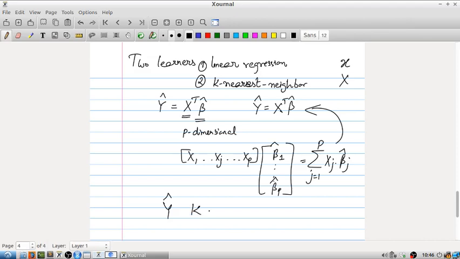Now, what if I told you that y hat is also k-dimensional? Then what are the dimensions of beta hat?